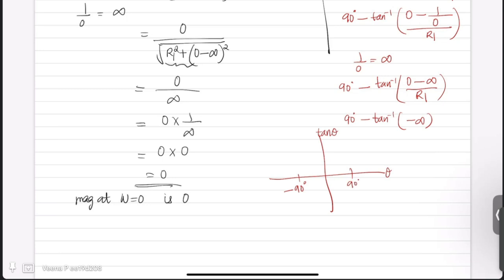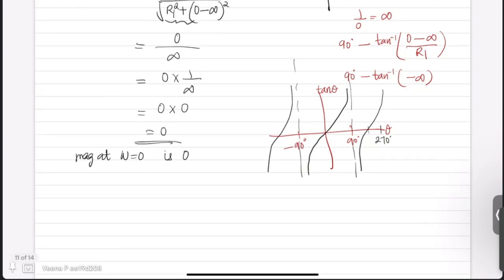it lies between plus 90 and minus 90 like this. Similarly, it repeats; if this is 90 plus 180, 270, it will also go like this. So the tangent function, in the smallest interval, which is between minus 90 and 90, approaches infinity as the angle theta tends to 90 degree, and it approaches minus infinity when the angle theta approaches minus 90.